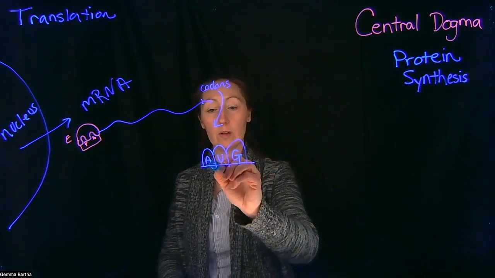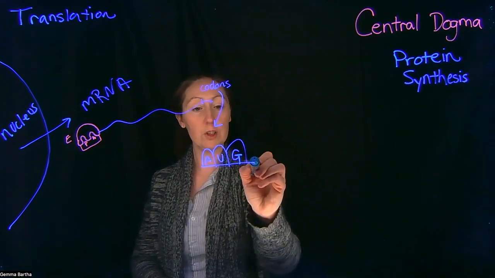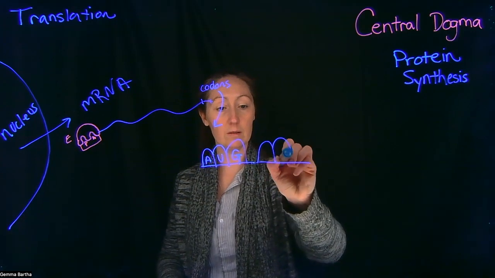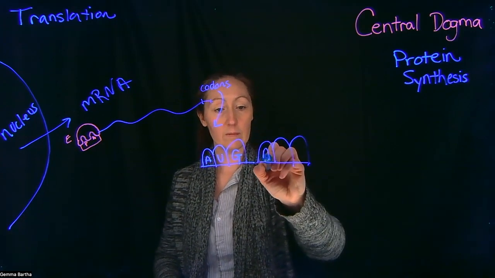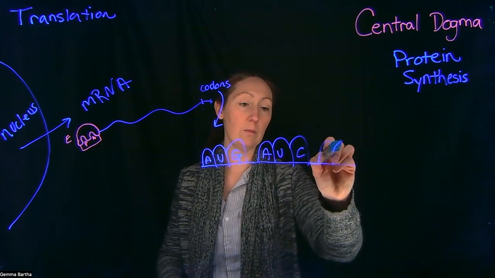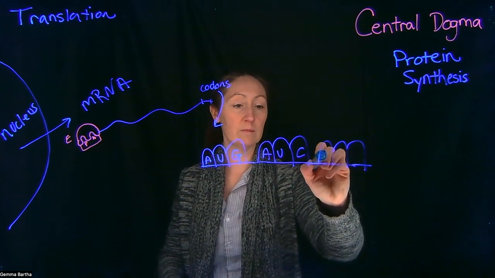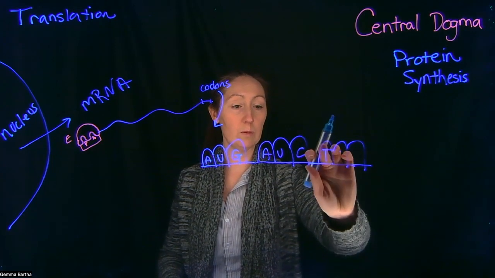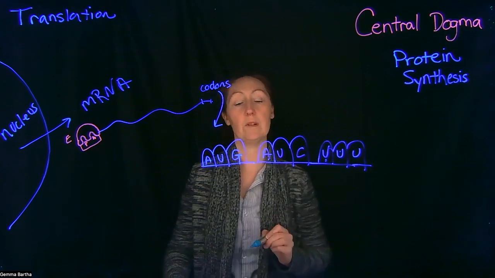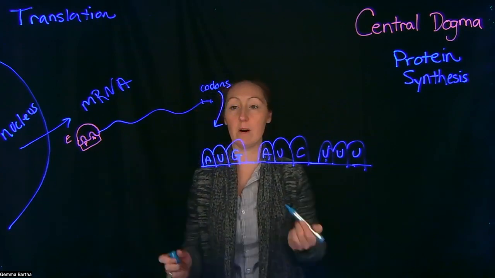So you have AUG, and then you'll have AUC, and then you may have T, nope, would not have T because it's RNA, so U. So that would be what our mRNA looks like.